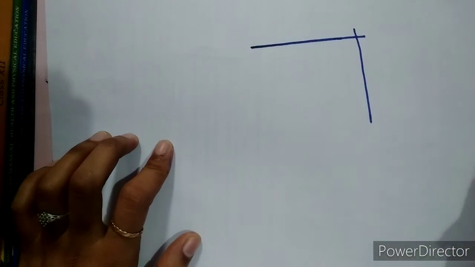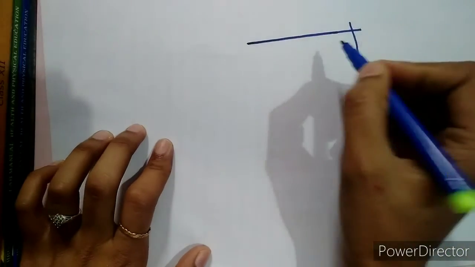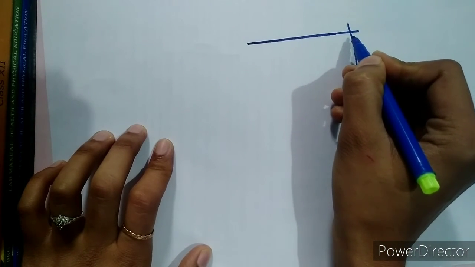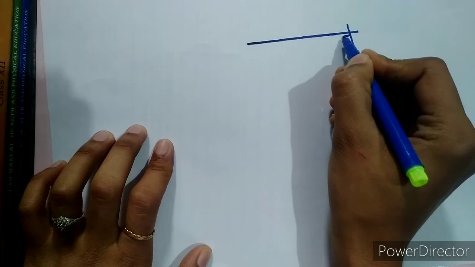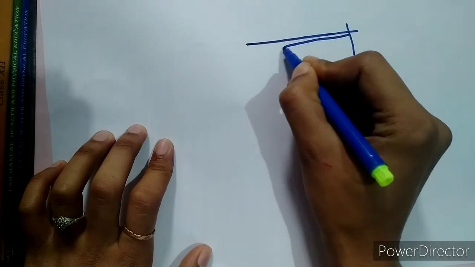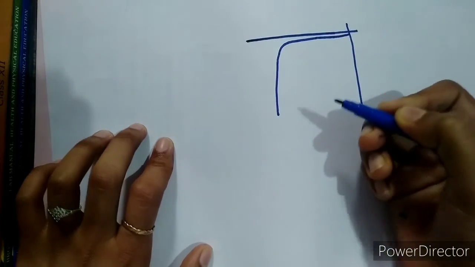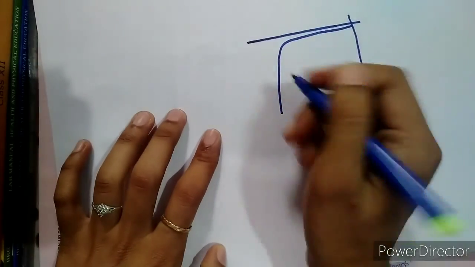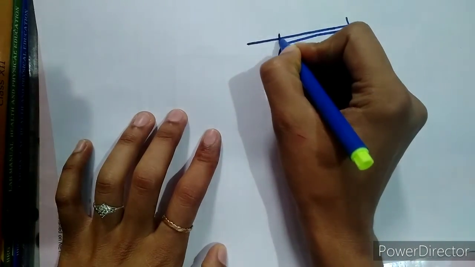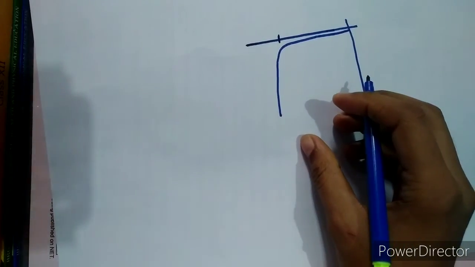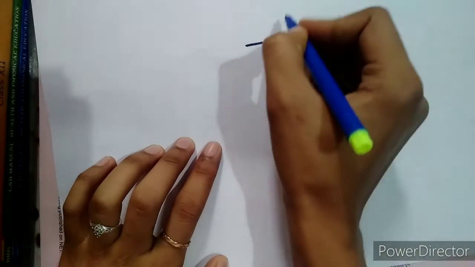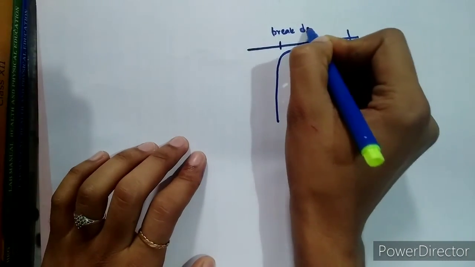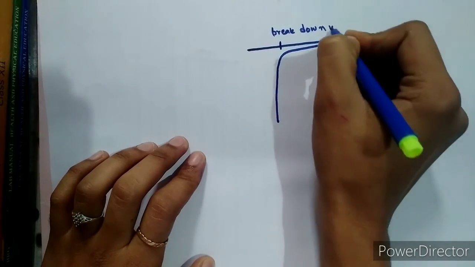If you see the graph of reverse bias condition, initially the current is constant and suddenly it increases by a high amount, and this particular point where it increases rapidly, we call the breakdown voltage.